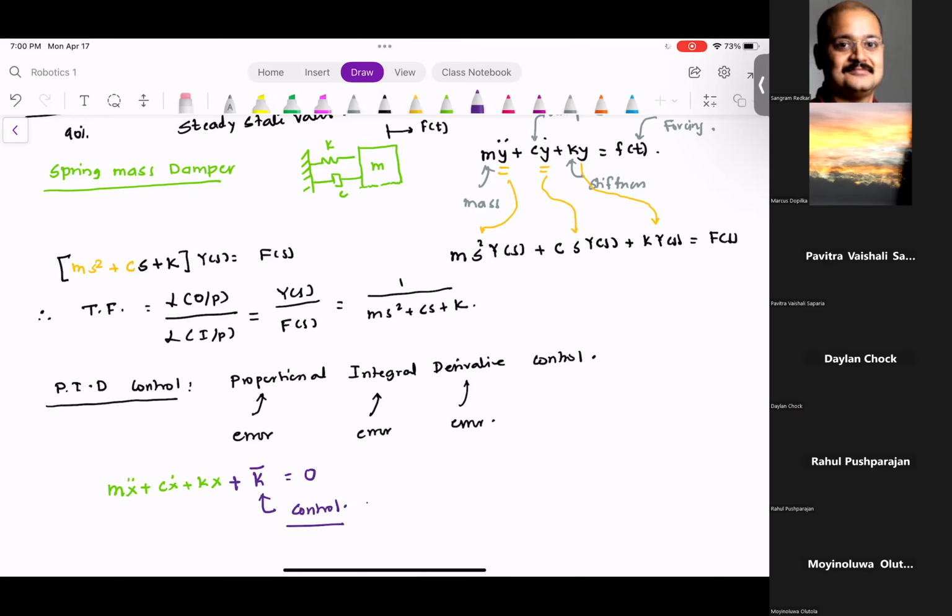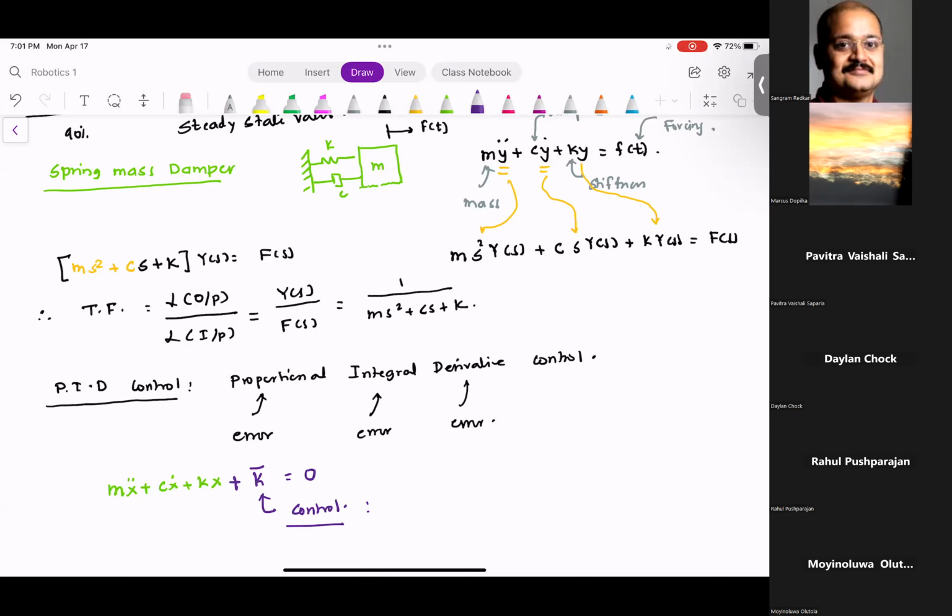And this control will be dependent on the error, or the difference between the output and input, and this controller term could be proportional to the error, it could be dependent on the integral of error, or it could be dependent on the derivative of error.